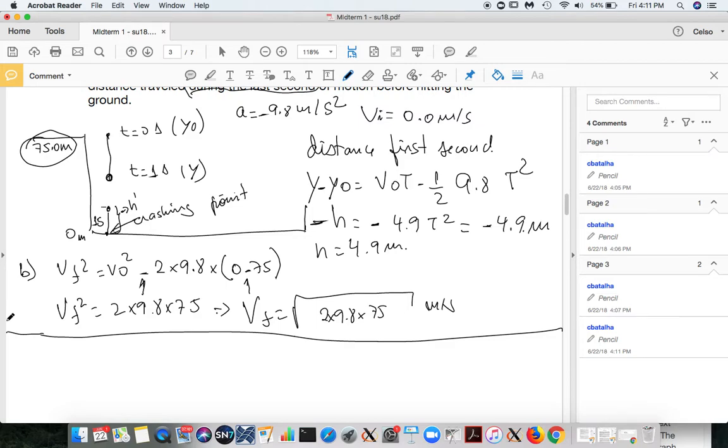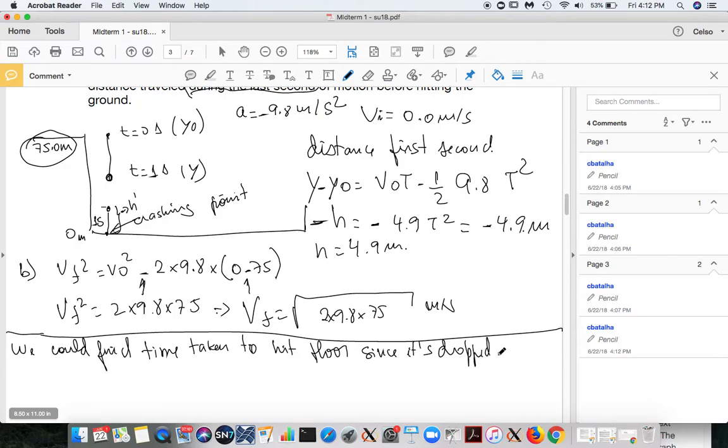But we could find the time taken to hit the floor, since the object is dropped, right?